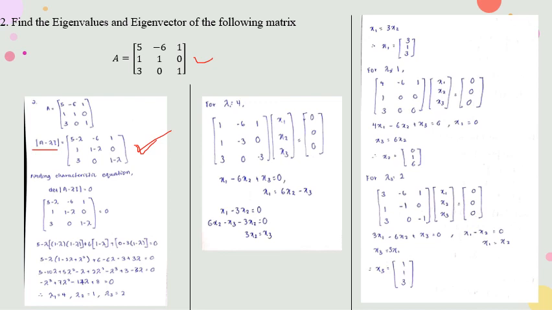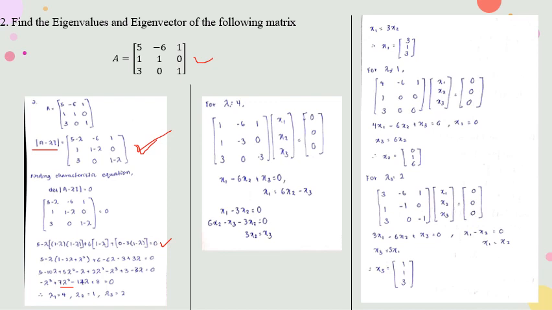Then I find the characteristic equation using this equation, determinant of A minus lambda I equals 0, and also the same steps as the first one for finding the determinant of a 3 by 3 matrix, and I get this equation: negative lambda to the power of 3 plus 7 lambda squared minus 17 lambda plus 8, and we get the answer.